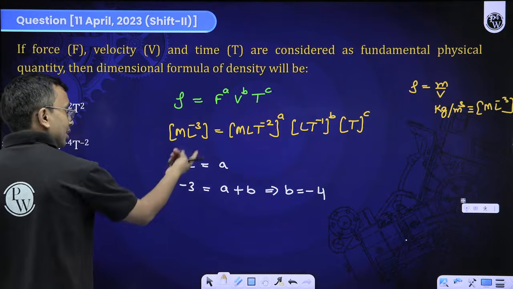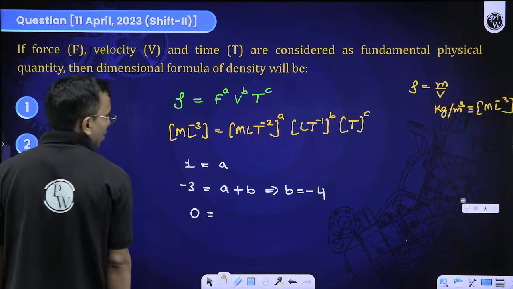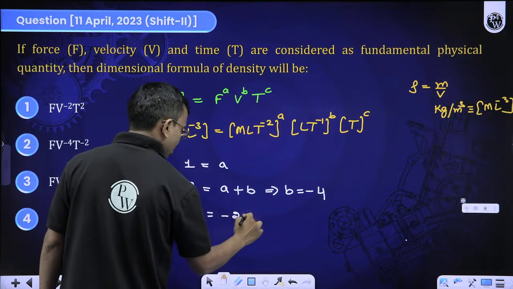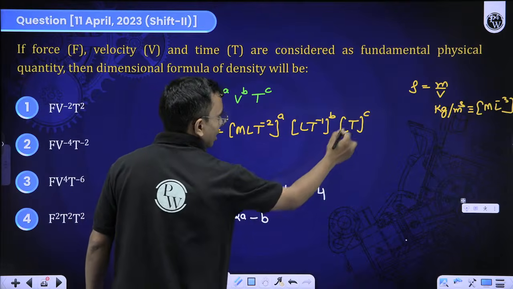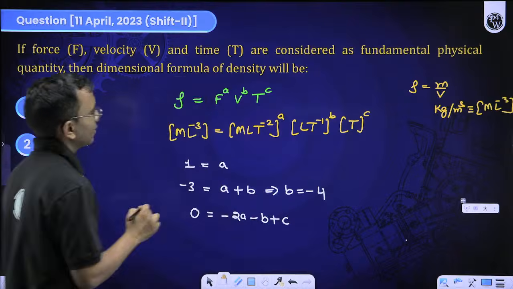Clear? Then equate the power of T. What is the power of T on the left? 0. Okay, what is the power of T on the right? This is minus 2a, minus b, and here it is c, so plus c. Clear?